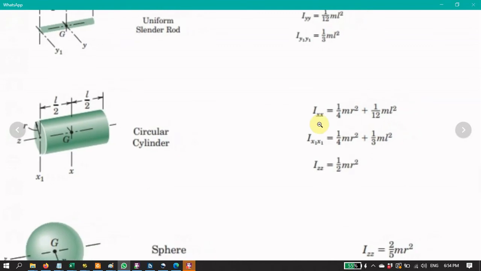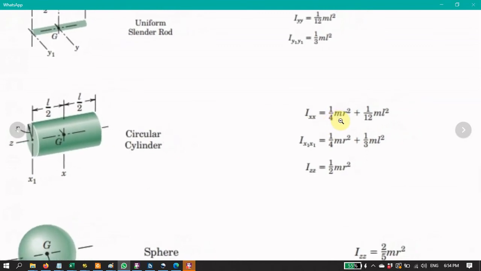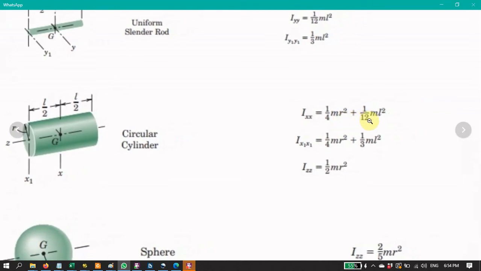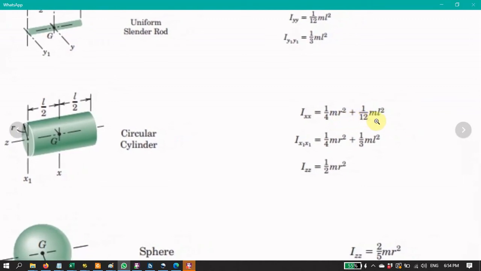So we have 1/4 mass times the radius squared plus 1/12 mass times the length of the cylinder squared.